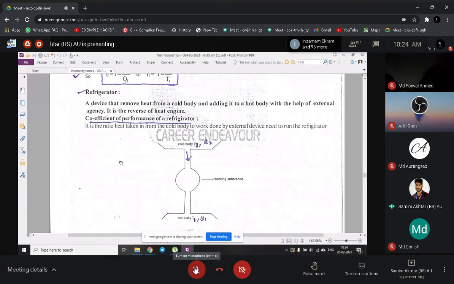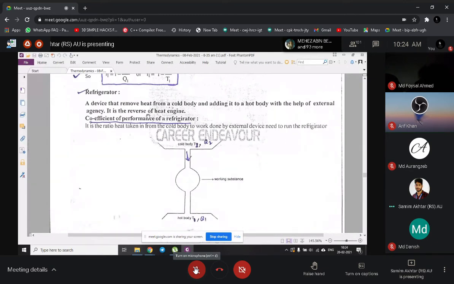So basically, in the freeze, a refrigerator is a device that removes heat from a cold body and adds it to a hot body with the help of an external agency.